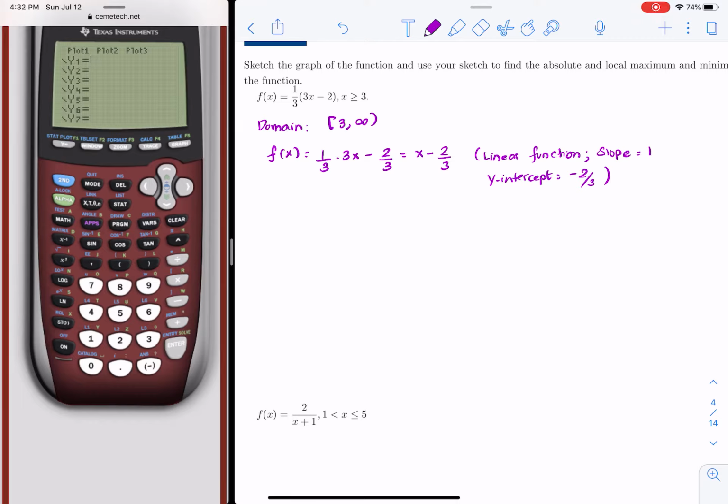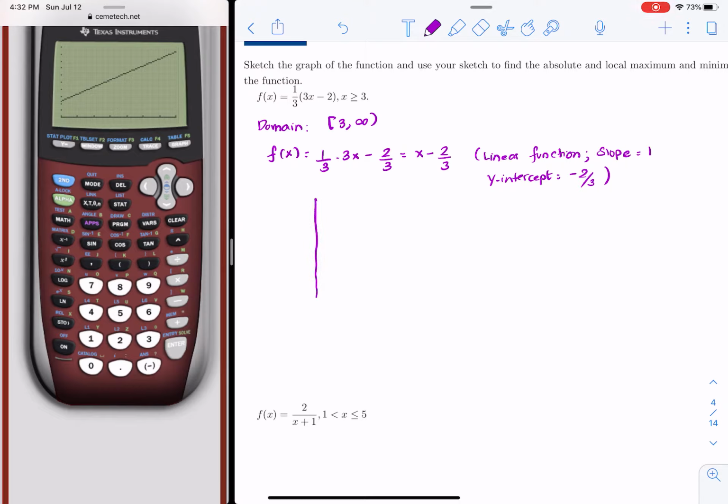Let's graph this. And I'm going to adjust the window, put 3 all the way up to infinity. So I'm just going to leave it at 10. And I'm going to go for minus 2 over 3 as the minimum value. And that is the graph that I get.